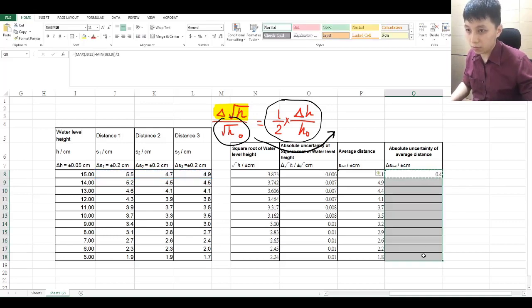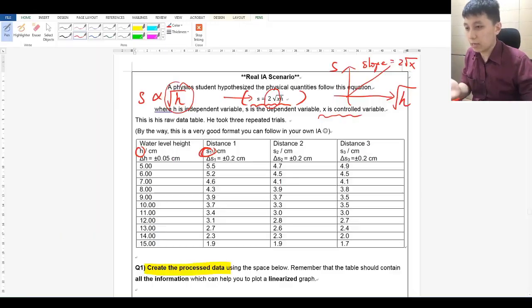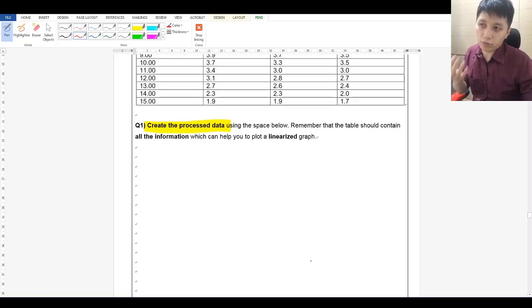Okay, so here you go. And again, we want to keep this as 1 sig fig only. And that's all. So this table is the process data table that we need to include in your IA.